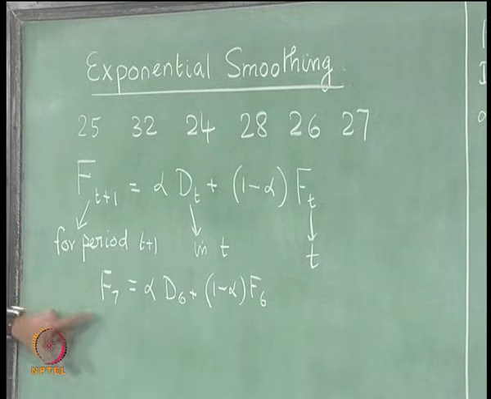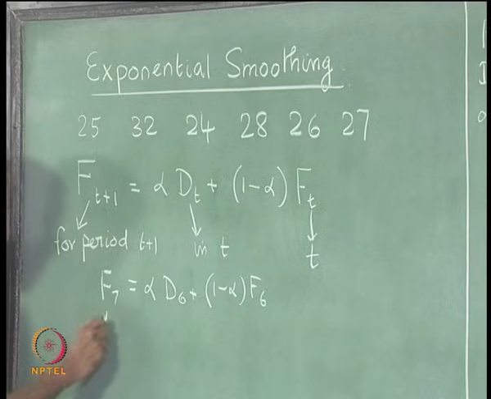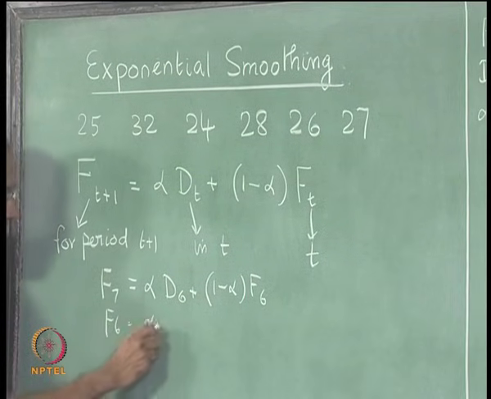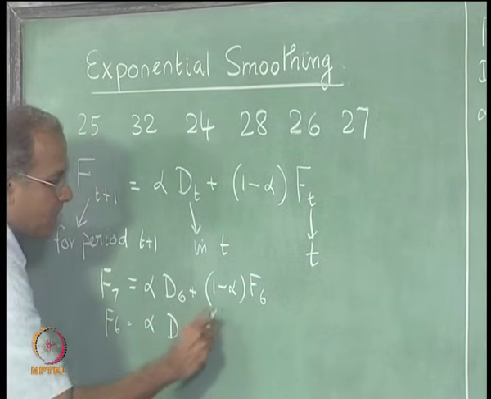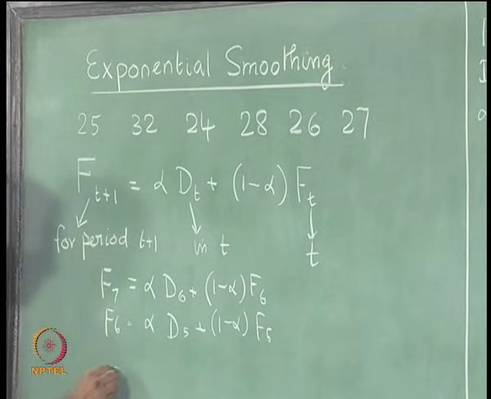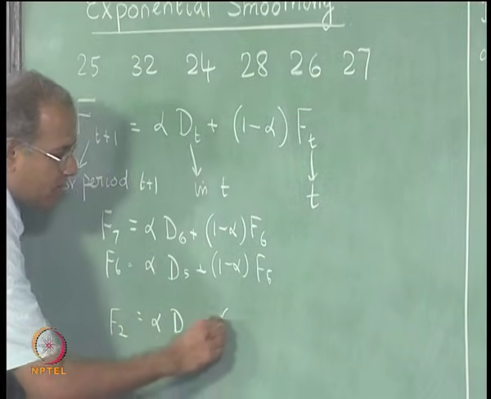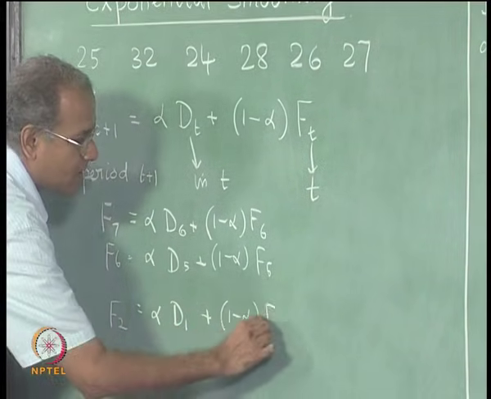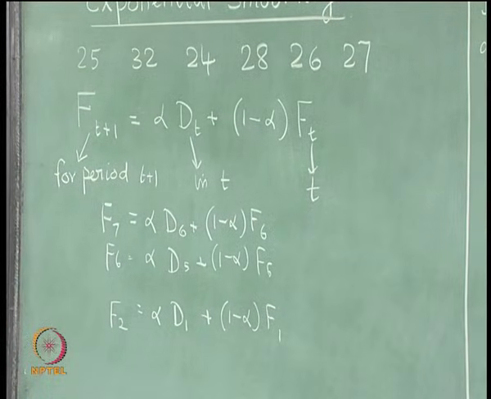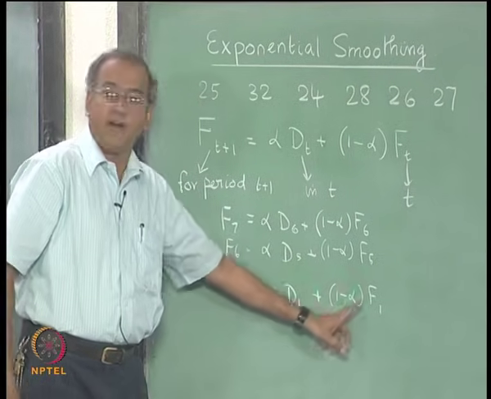Now we can write F6 as alpha D5 plus (1 minus alpha) F5, and proceeding further we can write F2 is equal to alpha D1 plus (1 minus alpha) F1. Now we know D1, right now we do not know alpha and we do not know F1.